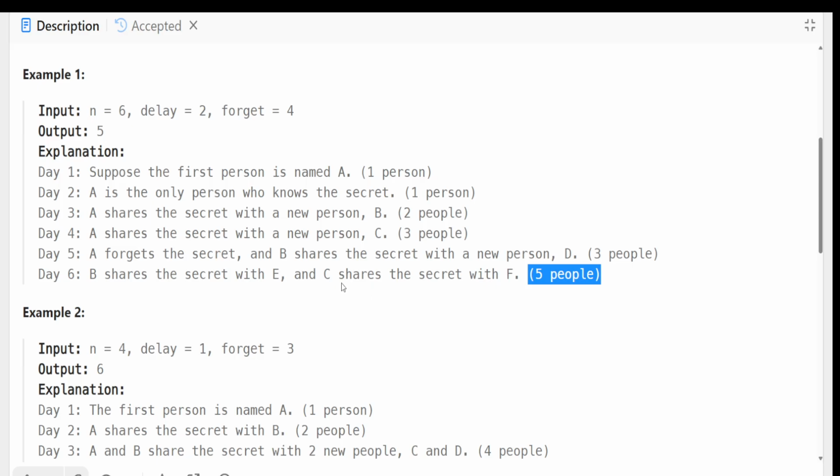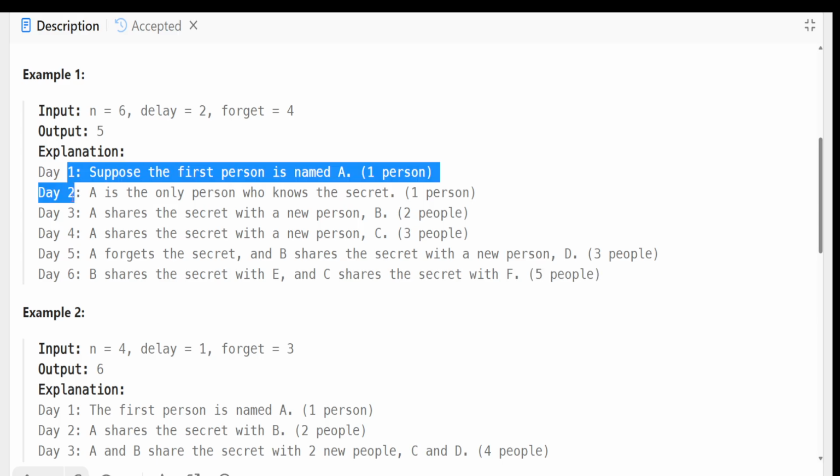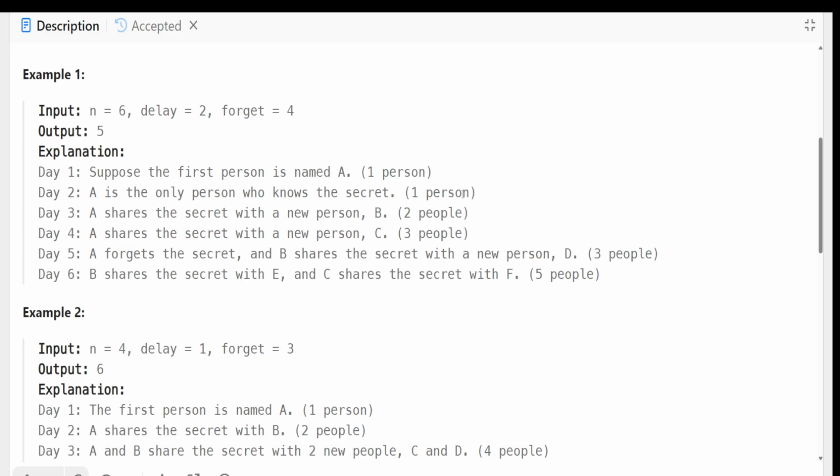So why will we use the prefix sum here? We will use dynamic programming first and then the prefix sum, because if we have dynamic programming, we use an array. In the array, how many people learn the secret on the day? At each day, as you can see, person 1, person 2, it is increasing each time. So we don't need to remember it.